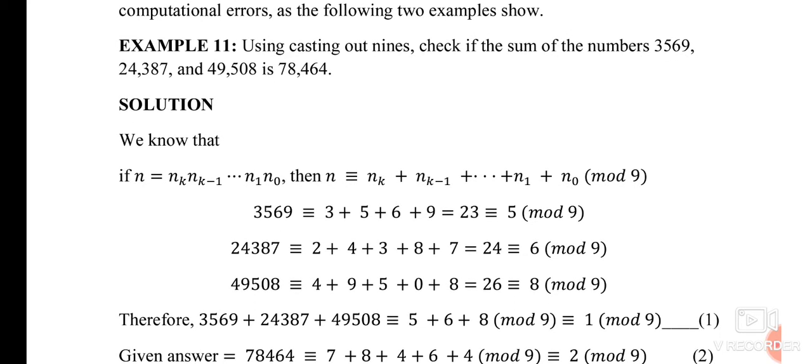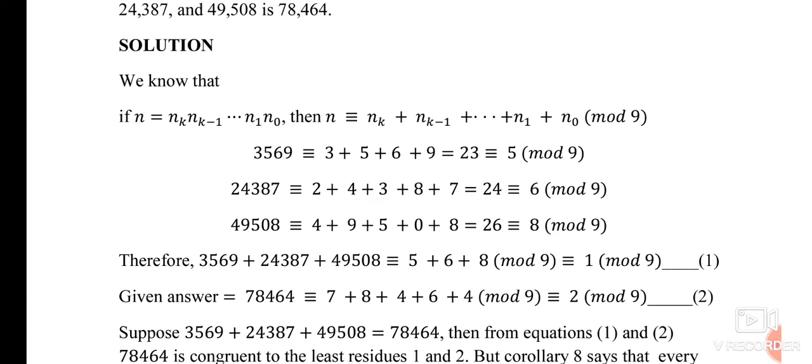For the solution, first we apply congruence modulo 9 to the given three numbers. We know the sum of digits of a number is congruent to the number modulo 9. So 3,569 is congruent to its sum of digits, which is 23, and 23 is congruent to 5 modulo 9.